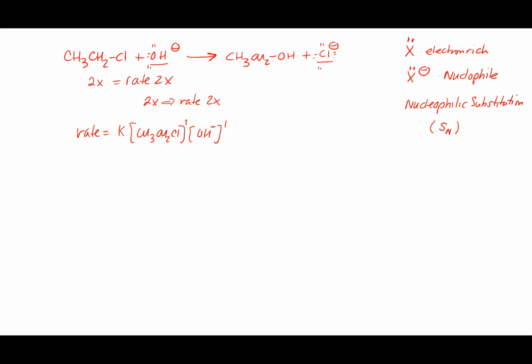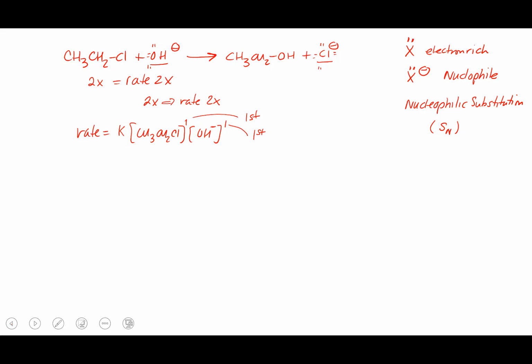So people did these experiments and they found out that the reaction was first order in alkyl halide, and it was first order in hydroxide, and that then overall the reaction was what?